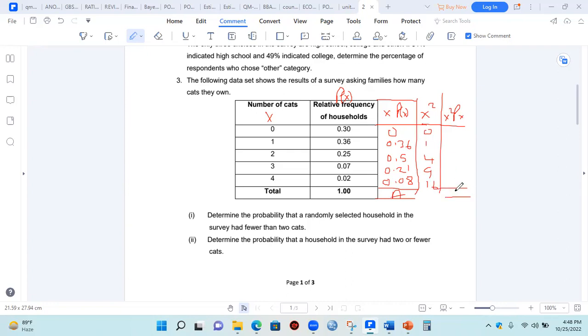The sum total here is called your B. So the mean is the sum total, which is our A. The variance is simply B minus A squared. Assuming you got the total there, the square of A, that is your mean. And your standard deviation is the square root of B minus A squared. So I need the solution on this particular question.